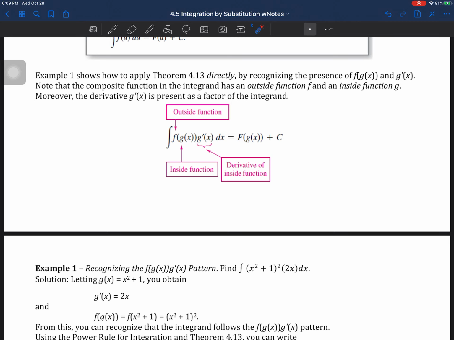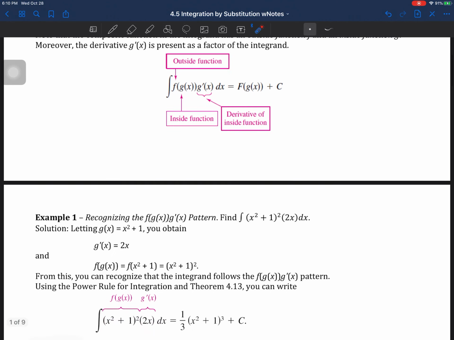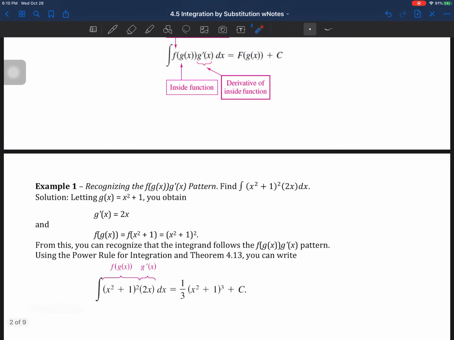Because so far, if you remember, we were limited only to finding derivatives that were specifically power rule, addition, subtraction, trig functions, and sums and differences. But now we're able to find an antiderivative when we actually have a product, and in fact also a function inside a function, so even more.